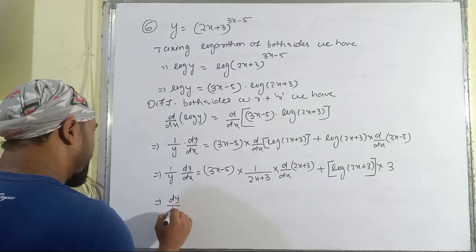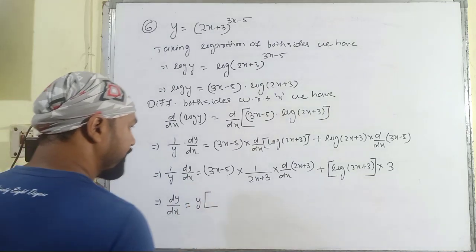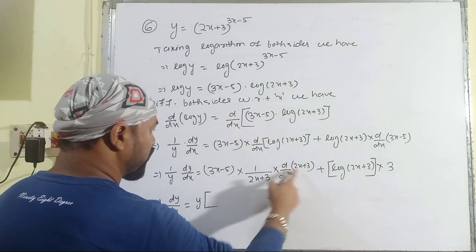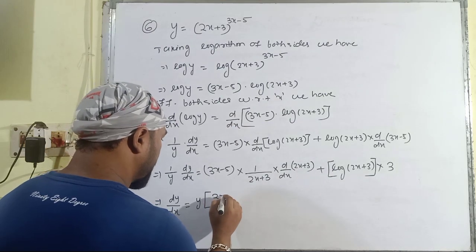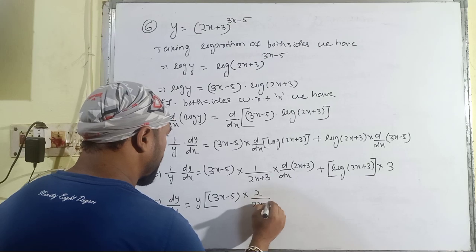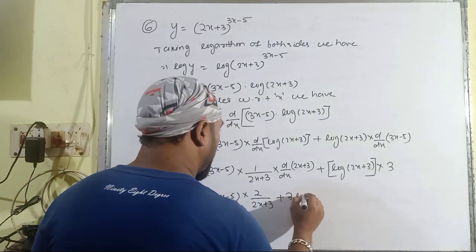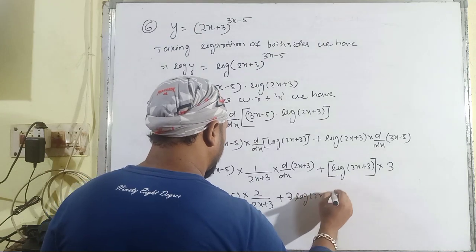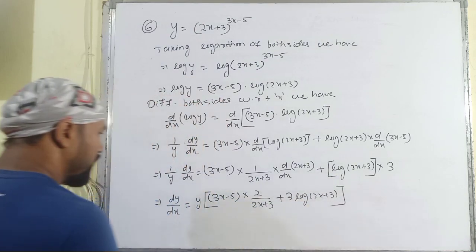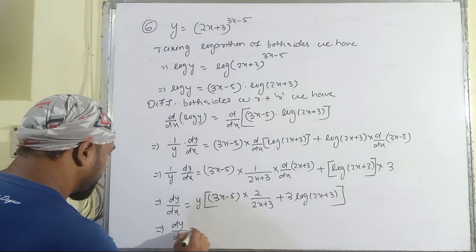So dy upon dx is equal to y multiplied with the differentiation of 2x plus 3, it is 2. So 3x minus 5 multiplied with 2 divided by 2x plus 3, plus it is 3 log 2x plus 3. Just simplifying this step, we have differentiation of y with respect to x.